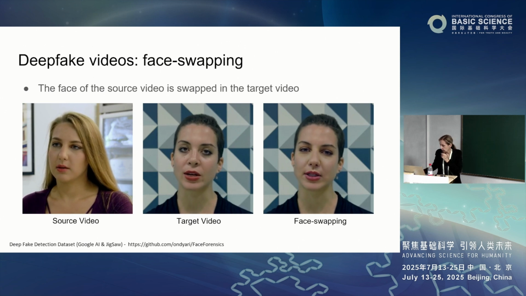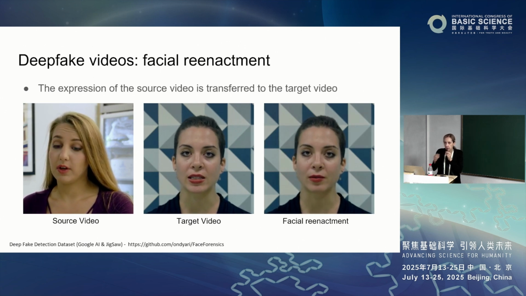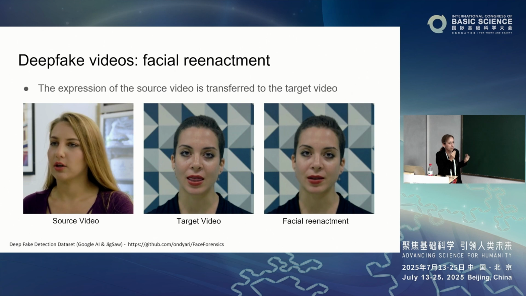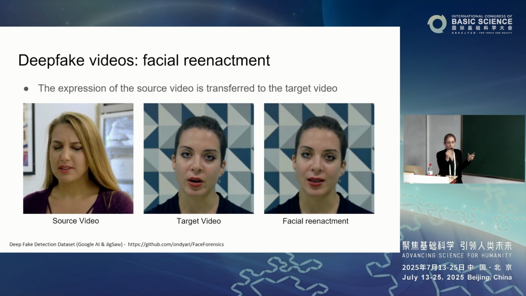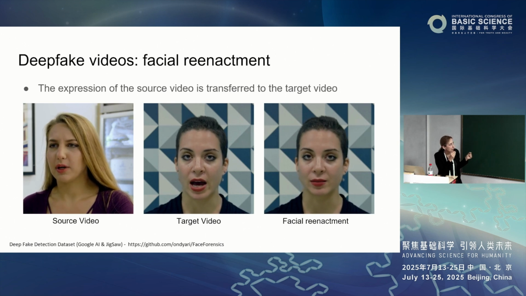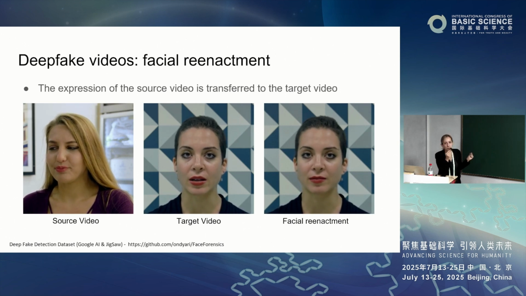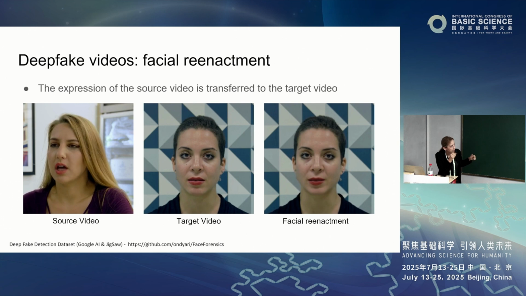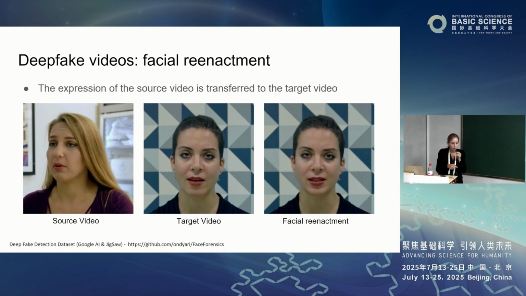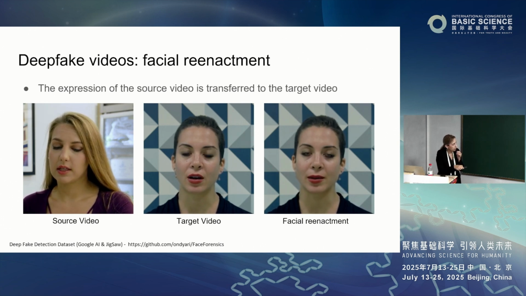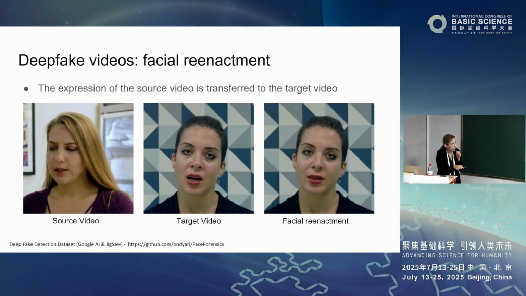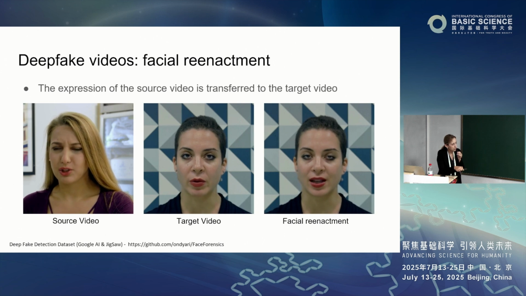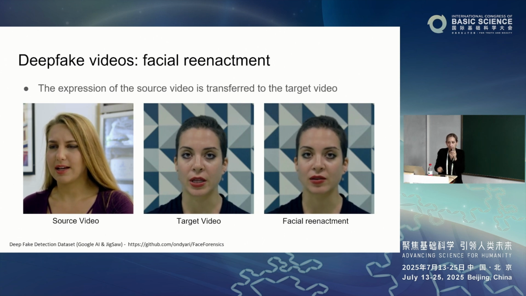Another type of manipulation is what is called facial reenactment. In this case, you are not swapping the face, so you are not changing the identity, but the expression of the source video is transferred to the target video. So you have the source video here, the target video, and the expression of this person is moved into this one, and you obtain facial reenactment.